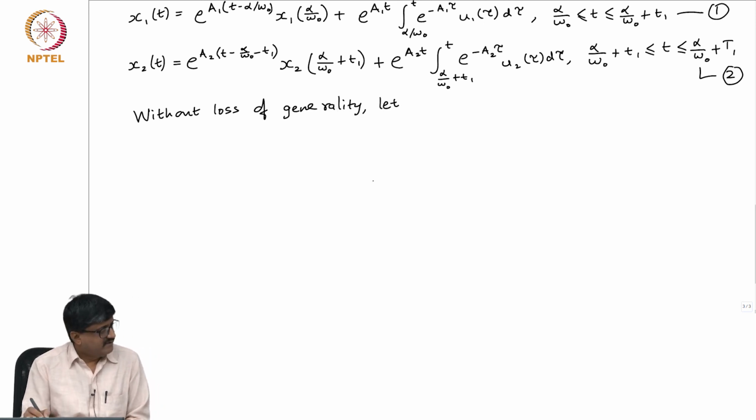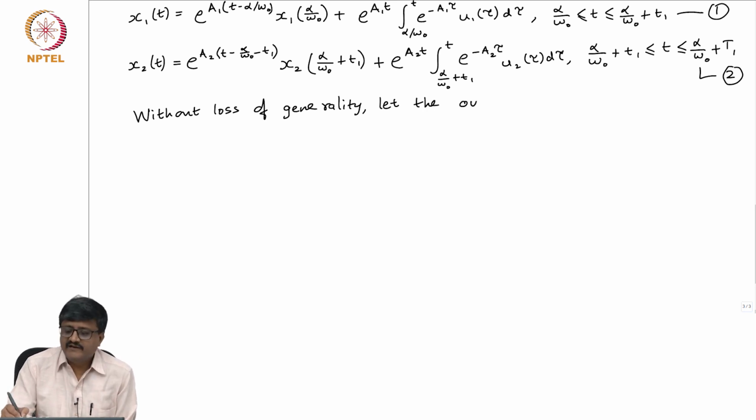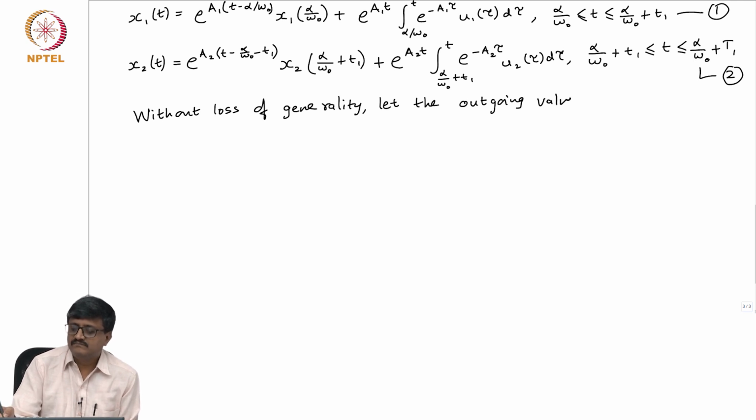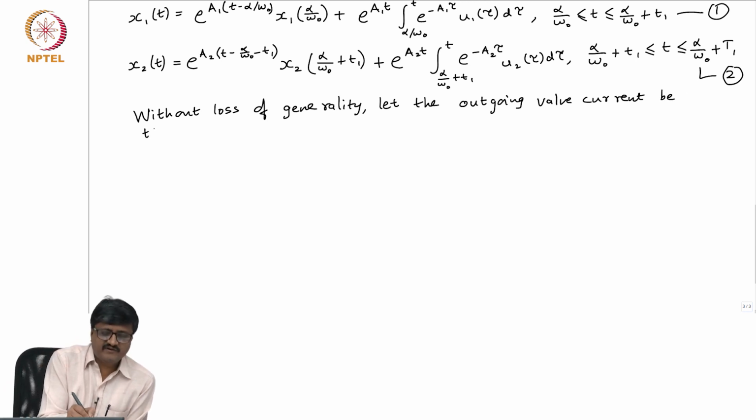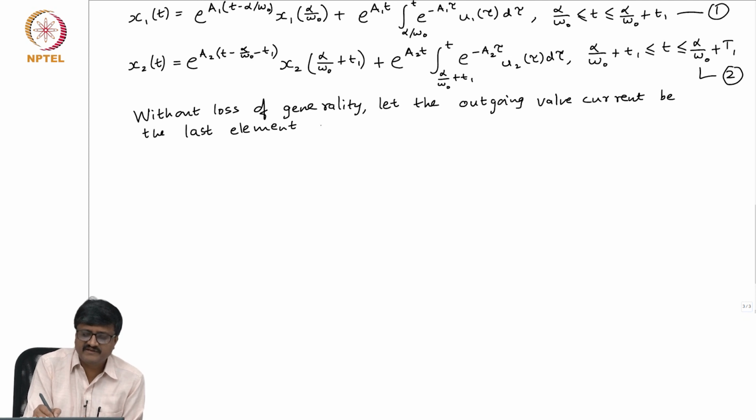So, without loss of generality, let the outgoing valve current be the last element of x1, and this is not there in x2. So, it is only in x1.